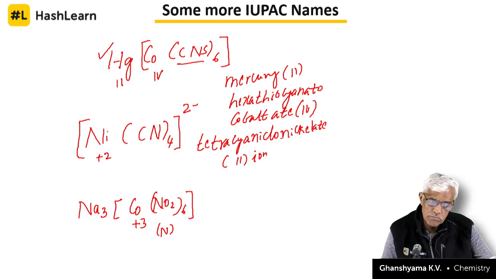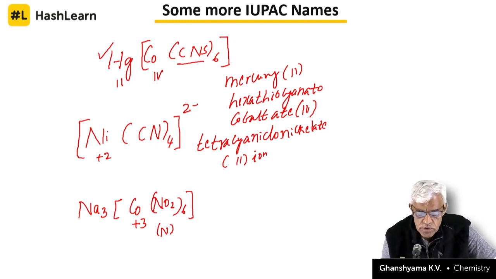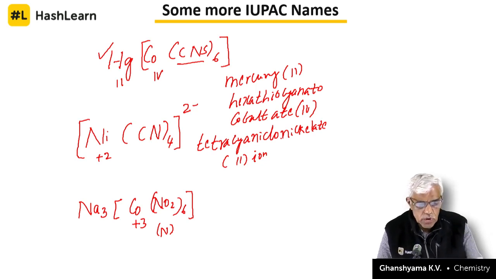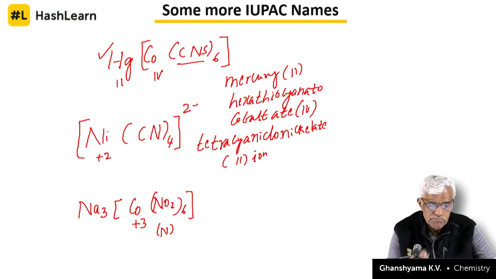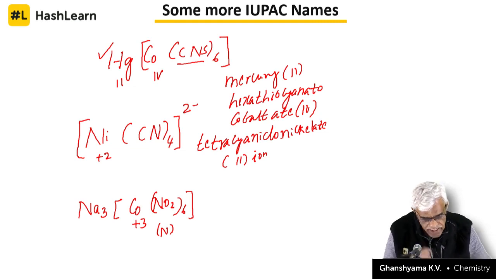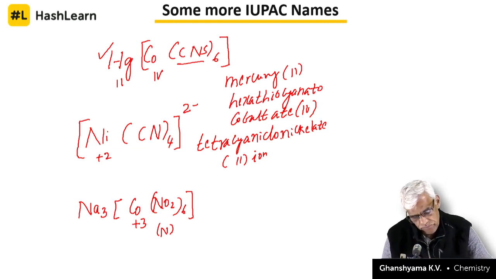Since it's an ion, you have to write that. Tetracyanide nickelate 2 ion. Okay, so second one is different from the first one. Third one is again different.